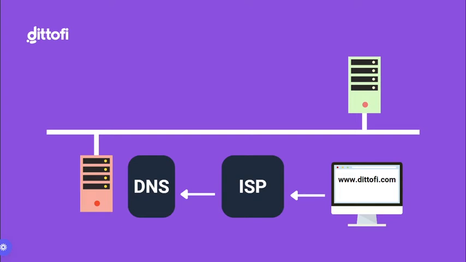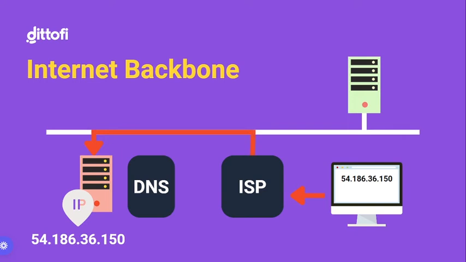Once the DNS server finds the IP address, it will send the IP address back to your browser so that your browser knows the exact address of where you can find the Dittofi website on the internet. The next thing that happens is that your browser will send a direct request to access the information stored on the Dittofi server.